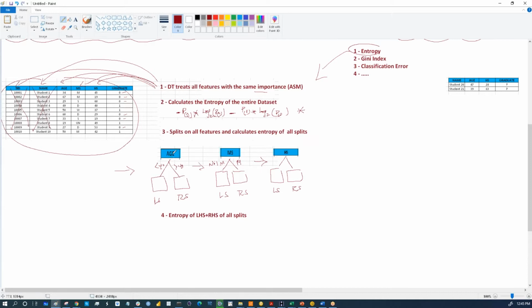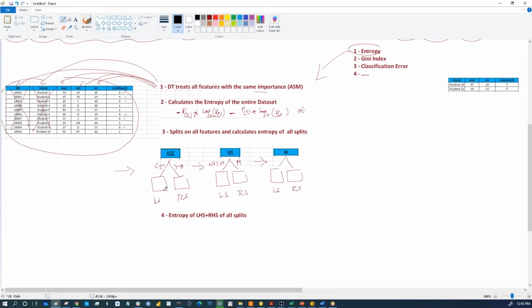Let's explain how this is going to work in terms of age. Entropy of left hand side plus the entropy of right hand side. I think it's going to swap the P0 and P1 for less than 40 and greater than 40, making perhaps less than 40 probability 0 and greater than 40 probability 1. Then at another point, do it the other way around and then add it together.